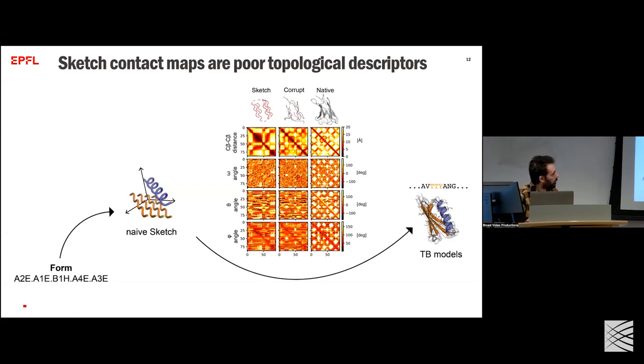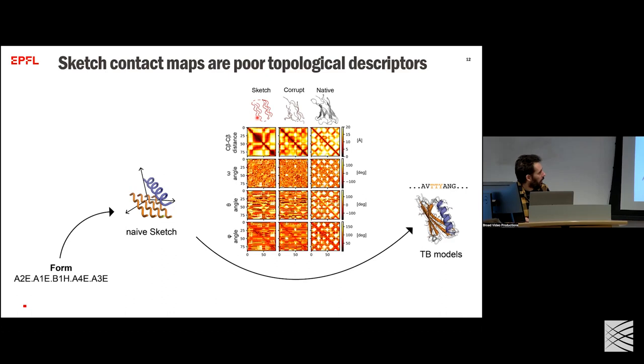You have a few other parameters, which are essentially mappings of the dihedral angles between side chains, and you see that there are patterns in this native structure all across the board, independently of which parameter you're looking at. When you have a sketch, you basically lose them. They're no longer there, clearly meaning that you are in a space where this is not a native structure at all.